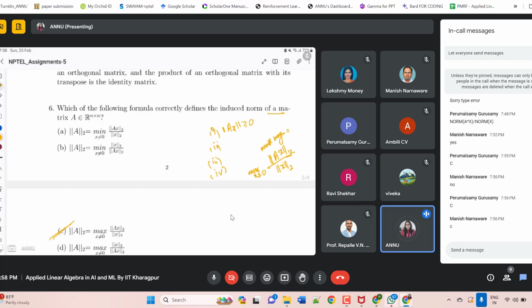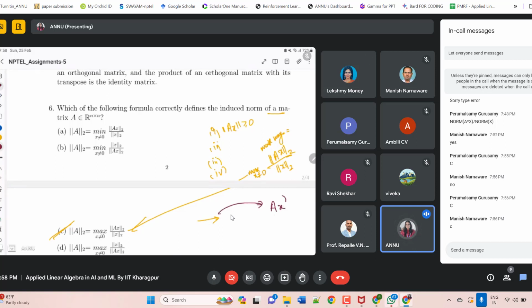The formula is the same in case of norm 2, but in other cases it is not the same, because the induced norm is defined for a particular norm, right? If you have an x vector, you are magnifying it with respect to Ax.